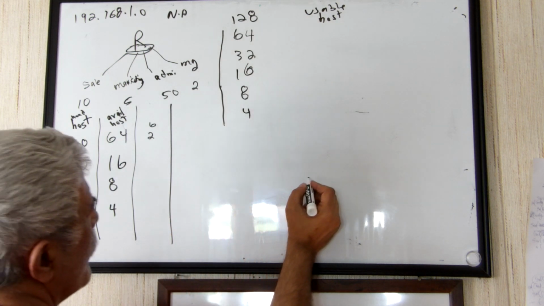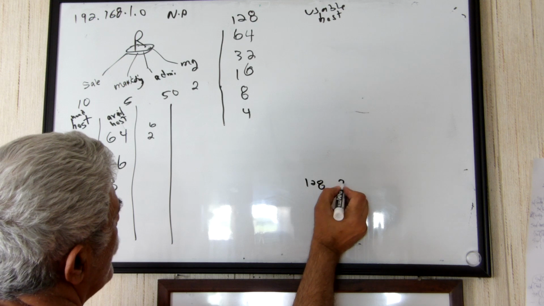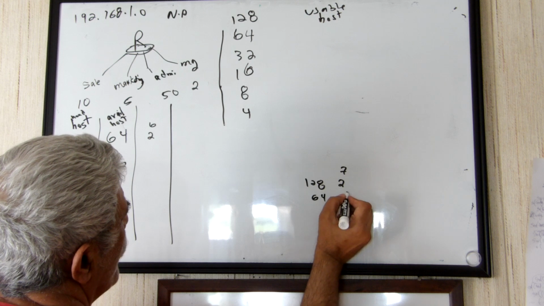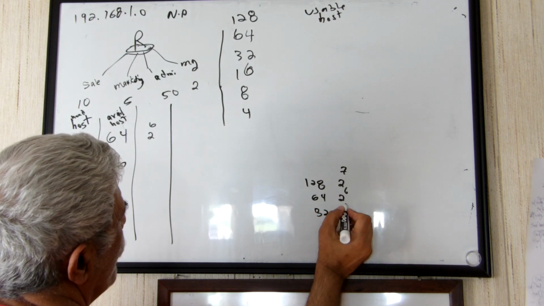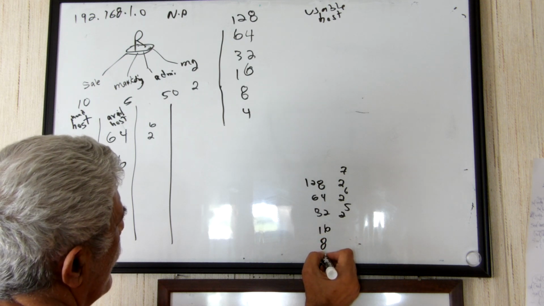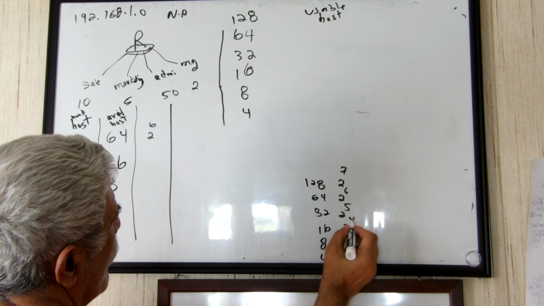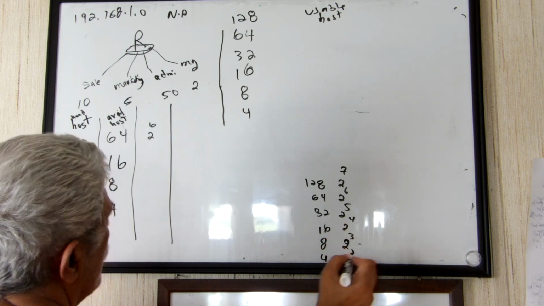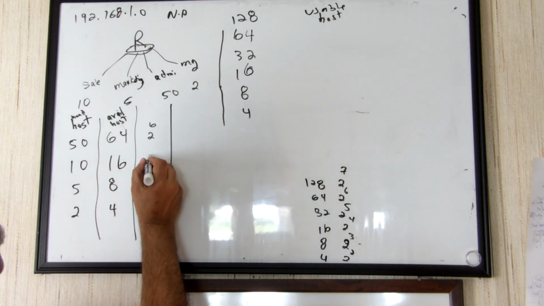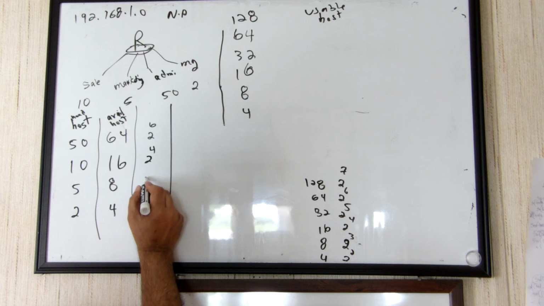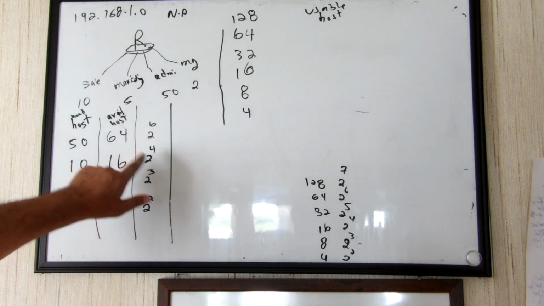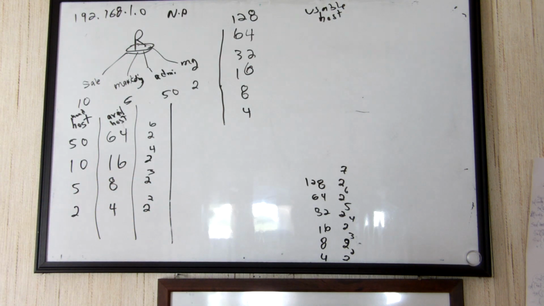You remember that 128 is 2 to the power of 7, 64 is 2 to the power of 6, 32 is 2 to the power of 5, and so on: 16 is 2 to the power of 4, 8 is 2 to the power of 3, and 4 is 2 to the power of 2. So actually 64 is 2 to the power of 6.